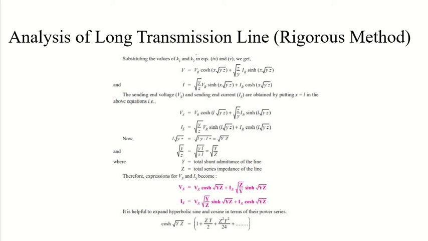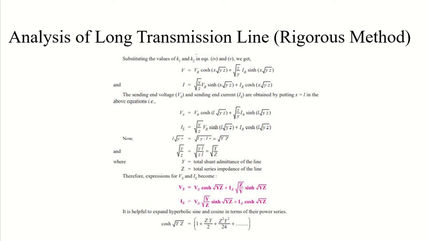They consisted of the values of receiving end current and receiving end voltage, and except for that, Y and Z. And what were Y and Z here?